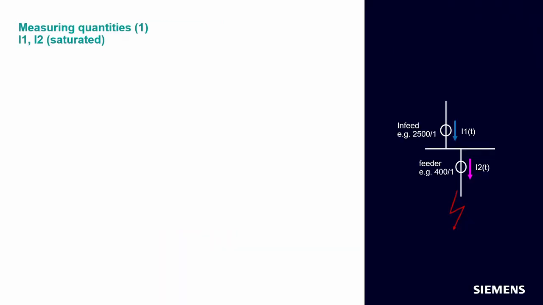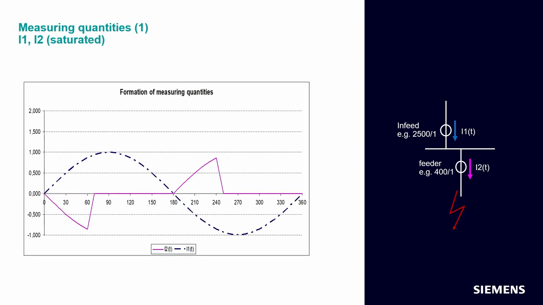And we have an external fault. And you will see, on the next slide, that we see the current, of course, in a normalized way. So let's say here 2500 amps is normalized value 1 in this example.